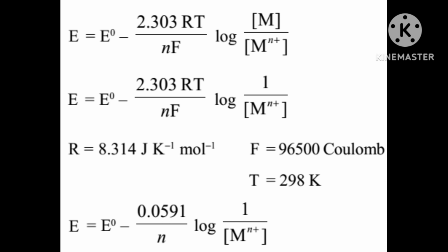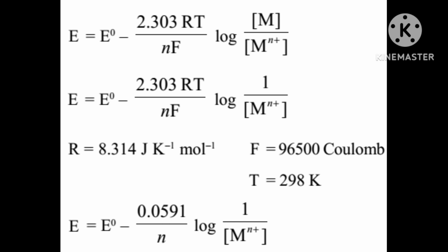If you want to bring it, you can say Zn upside. Suppose you want to reverse it, meaning Zn upside and copper down, then this sign will change. Before 0.059 divided by n, now it is a plus sign, that will become a minus sign. Okay, if you want, you can do.